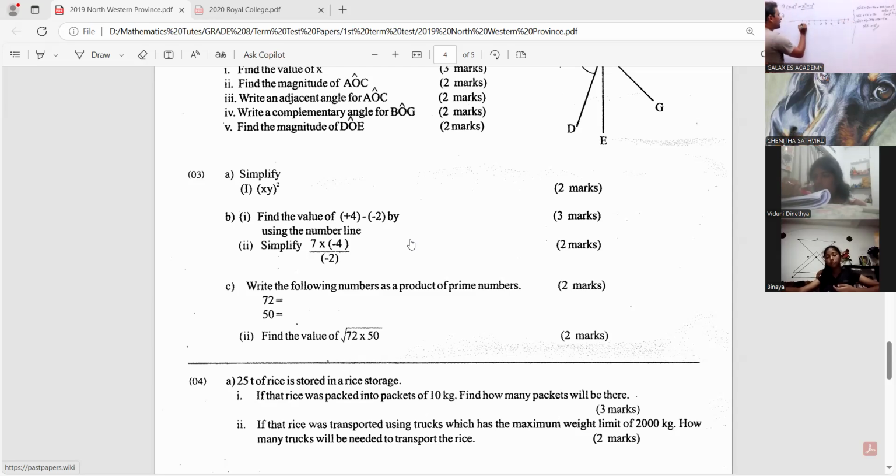Also, the negative direction, I will mark a few integers like this. Right. What is the question? +2 subtract -2.